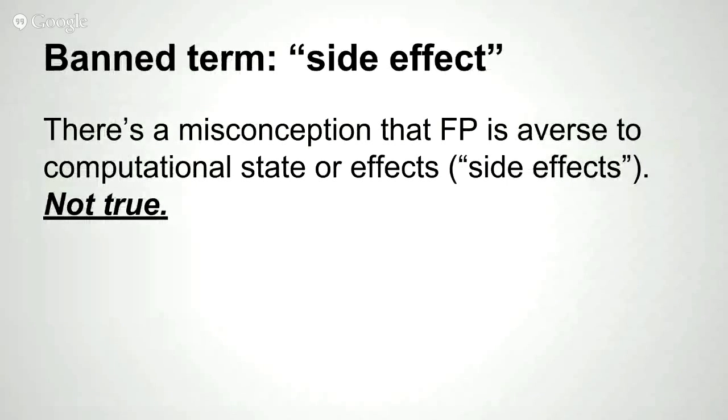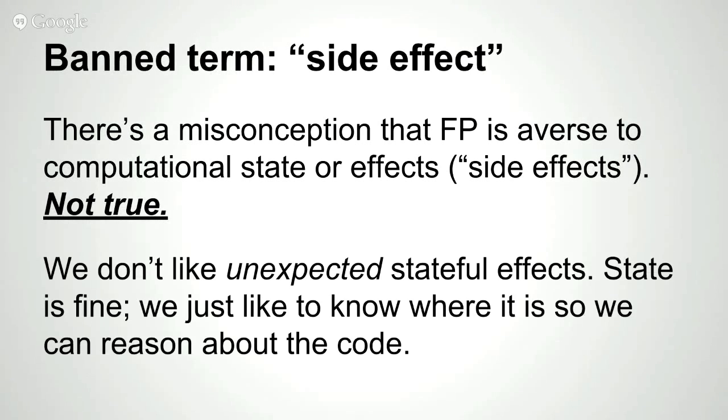And there's this misconception out there that functional programmers don't like computational state. We don't like quote-unquote side effects. And that's really not true. We don't like unexpected stateful effects. State is fine. Our program's job is to manipulate the state of the world. We just want to know where the state is so we know what's happening to the world.